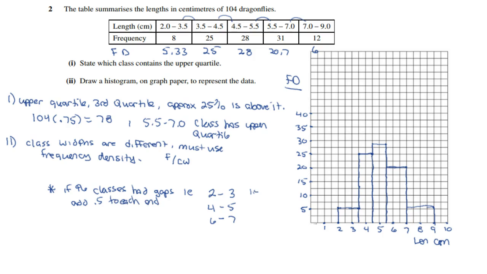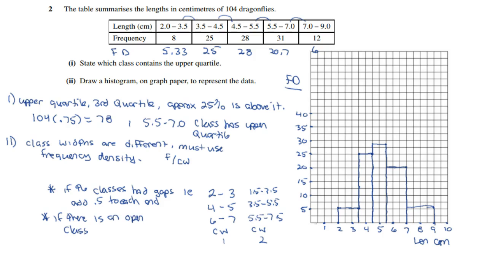Right now, it looks like the class width is going to be 1, but really, it's going from 1.5 to 3.5, or 3.5 to 5.5. So if you don't put this adjustment on there, your class widths will be the wrong width, and the frequency density will be all wrong.